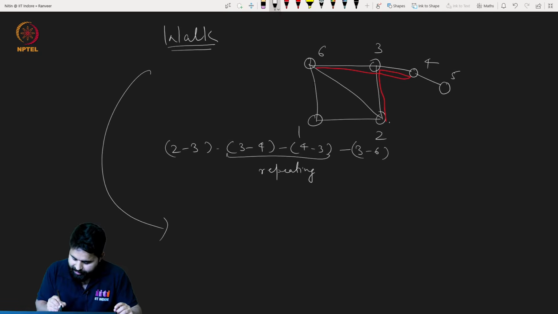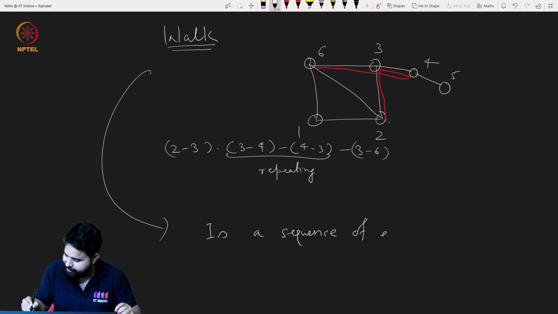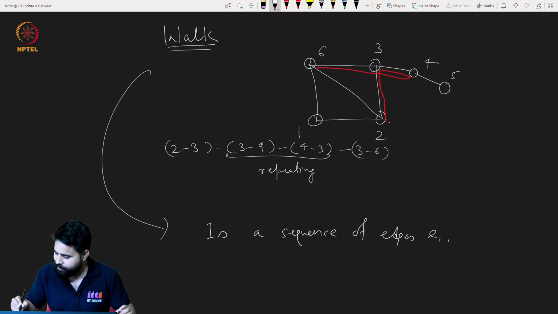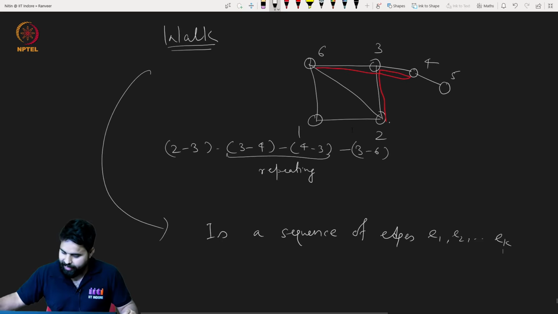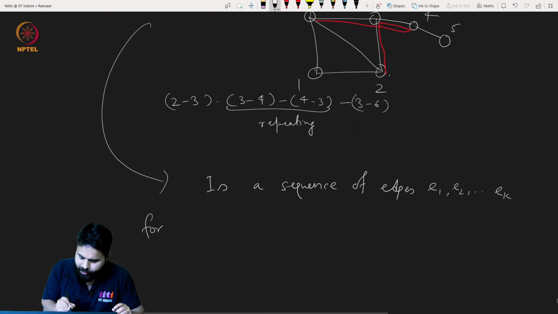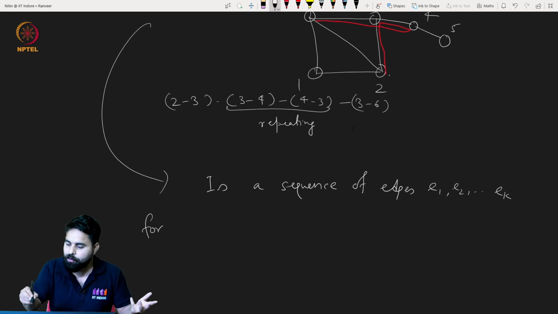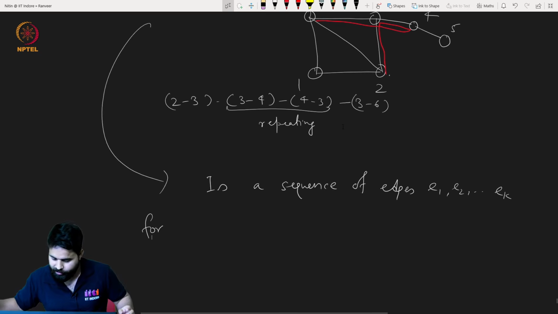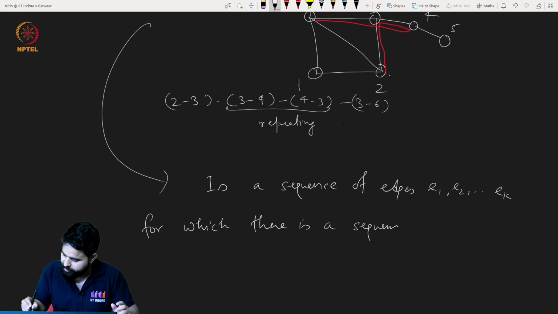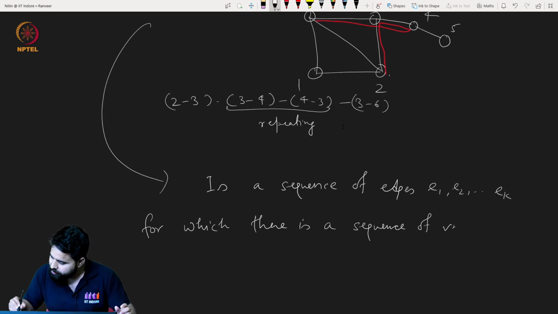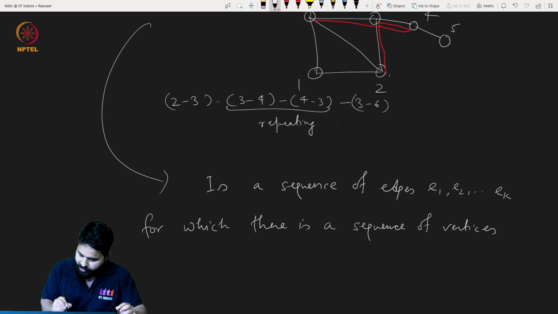A walk is a sequence of edges, which I write as E1, E2 up to Ek, for which there is a sequence of vertices, which I number V1, V2 up to Vk plus 1.